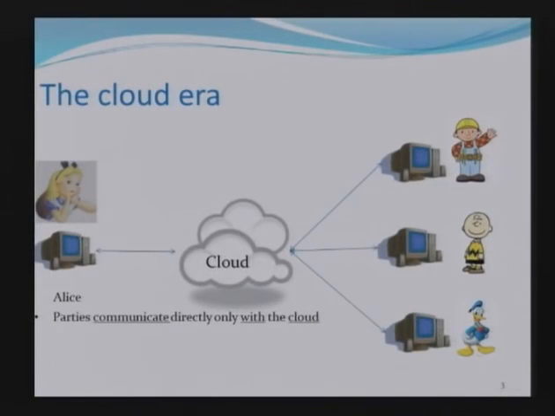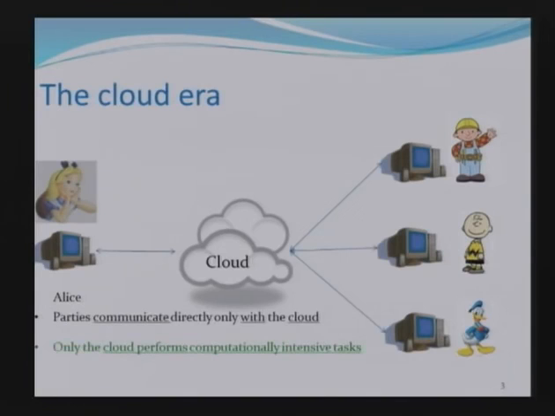It would be really nice if parties don't have to interact directly with each other. I'll have to wait for Amazon to be available at some particular time and talk to them. It would be really nice if I talk to the cloud only, and then I go away. I don't have to interact ever, and then another party comes, interacts only with the cloud, goes away. But still, we are able to execute some cryptographic task without having to synchronize when we are getting together to run this task.